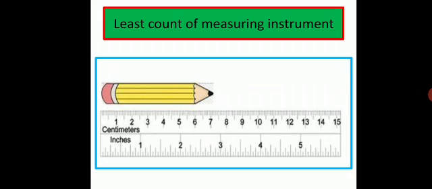Now suppose you are given a piece of rod and you are asked to find the length of it, right? Imagine that you are placing the piece of rod at the 2 centimeter mark. It doesn't matter whether you place it at 0 centimeter. You have to place the rod at any known reading.